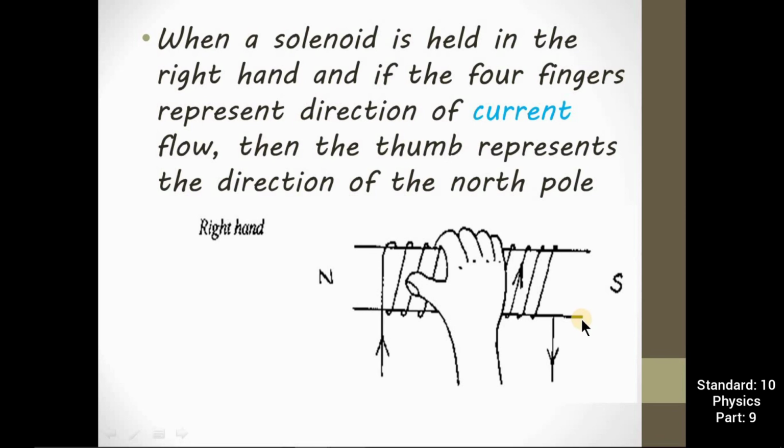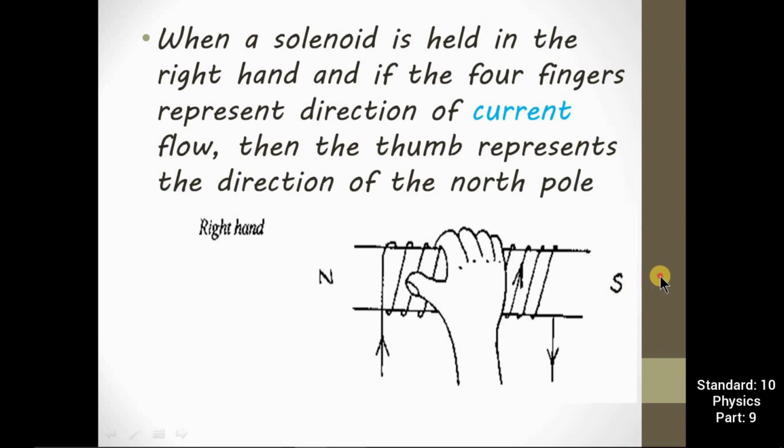Another method is that the hand must be placed on the solenoid such that all 4 fingers wrap in the current direction, and the thumb will be directed towards the north pole. Please write it down. This is another method for knowing which part of the solenoid will be north and which part will be south pole.